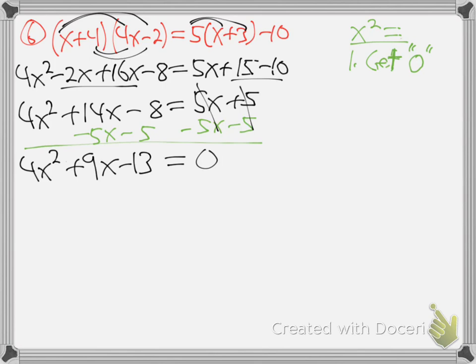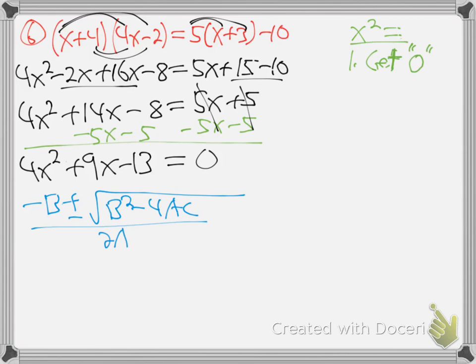And now, well, I'm going to just dive into the quadratic formula. So negative b plus or minus the square root of b squared minus 4ac all over 2a. So a is 4, b is 9, c is negative 13.